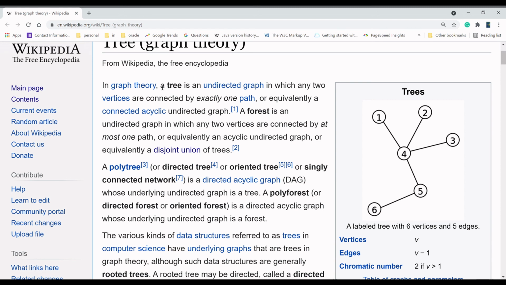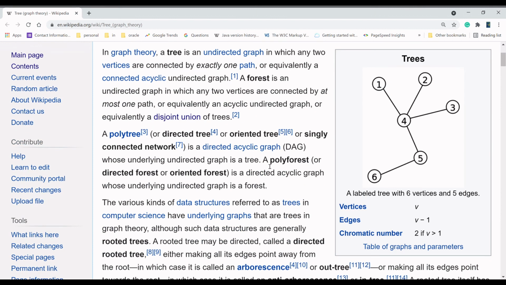So the polyforest is a directed acyclic graph whose underlying graph is a forest. A forest is also a tree, sorry, a polytree, we can say.